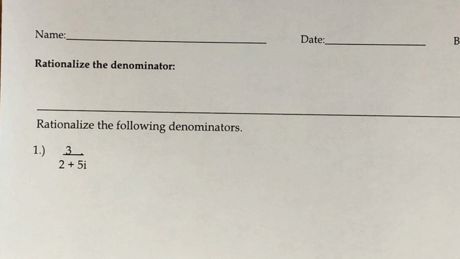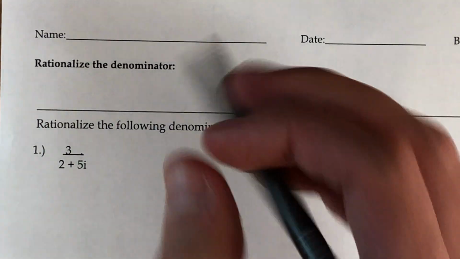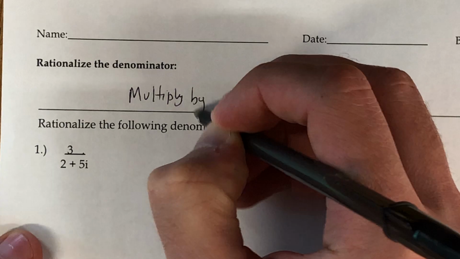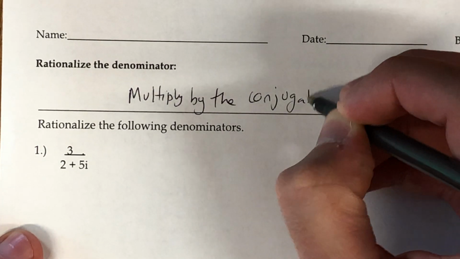So the way that we rationalize the denominator is by multiplying by the conjugate. Because as we just saw, when you multiply by the conjugate, you get rid of that imaginary piece. It goes away. So that's what we'll do here. So to rationalize the denominator, we multiply by the conjugate.